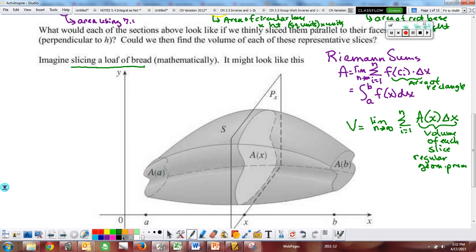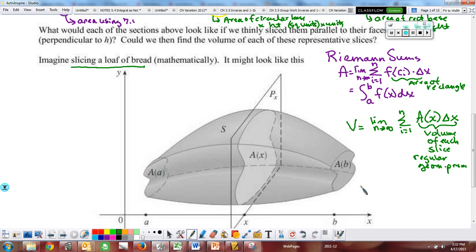Now notice, in terms of units, if we sum the areas, unit times unit, you get unit squared. If I sum the volumes, I have square units times units, which gives me units cubed, so I'm ending up with my volume.